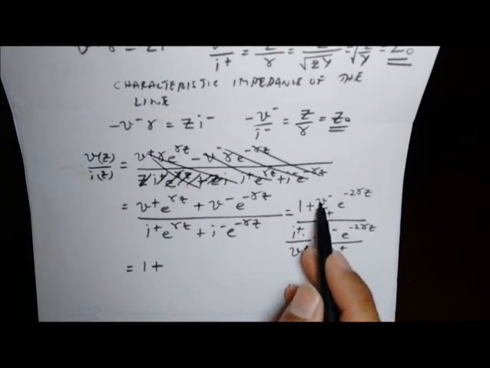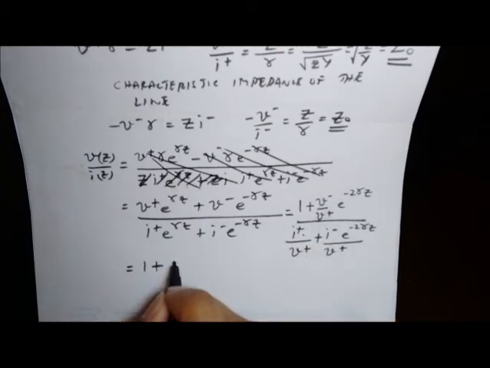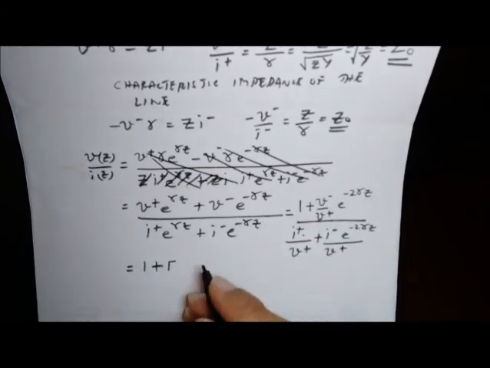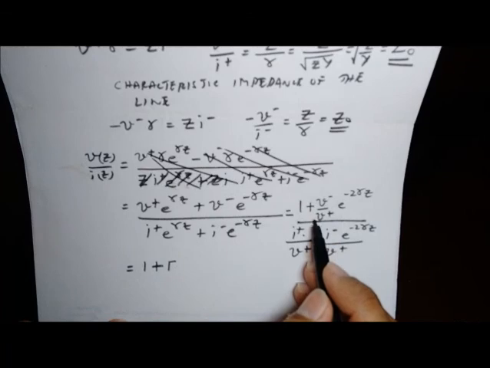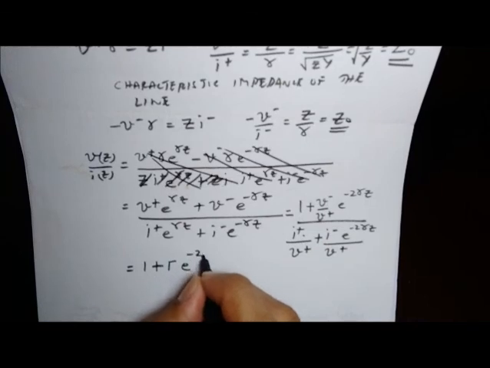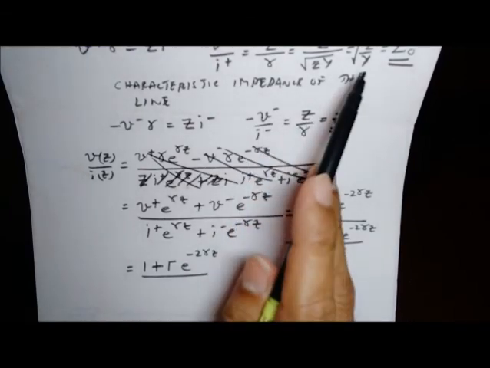So this ratio is actually nothing but the reflection coefficient. If V minus is 0, there is no reflection and the reflection coefficient becomes 0. I'll write it as capital gamma from here onwards, that is the reflection coefficient, e power minus 2 gamma Z, divided by, now V plus by I plus was shown to be the characteristic impedance.